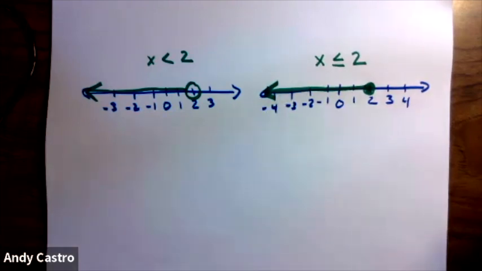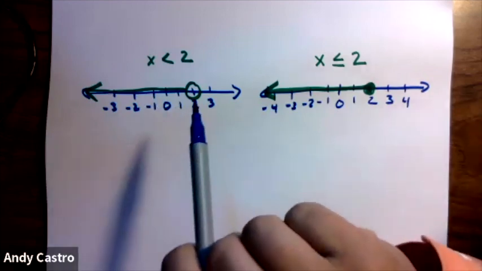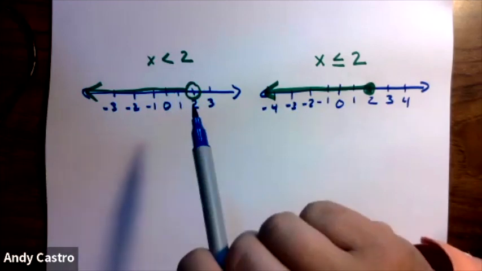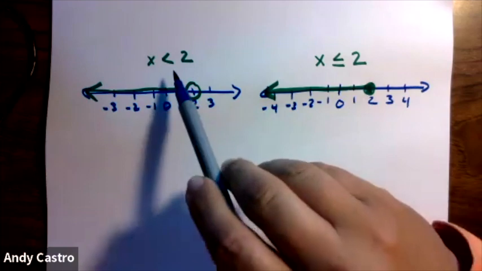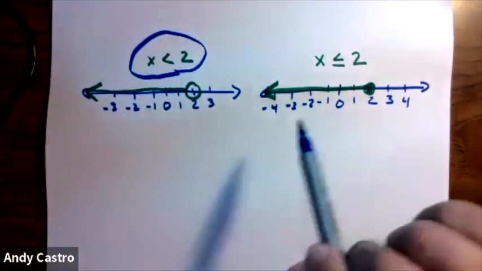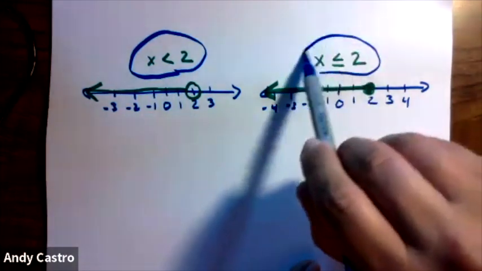So notice the difference between these two graphs. In this case, I can have an open circle, and in this case, I can have a closed circle. What's the difference? Whether or not I'm equal to the number, right?